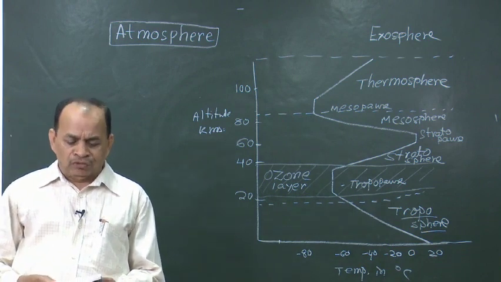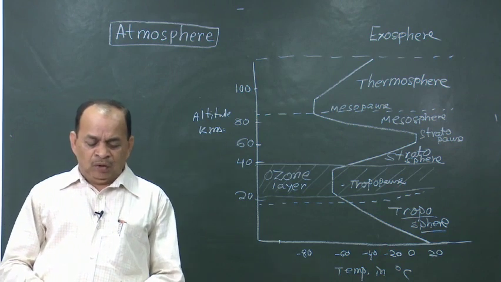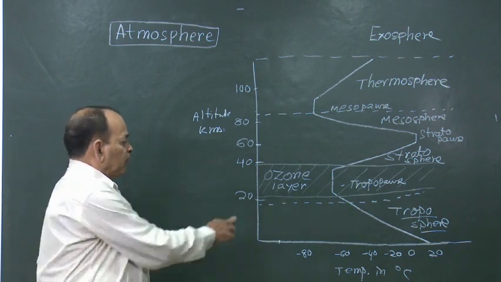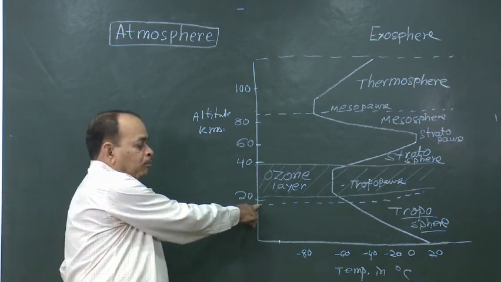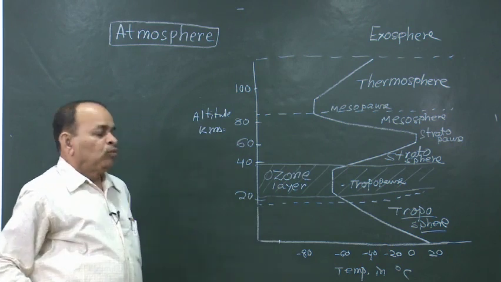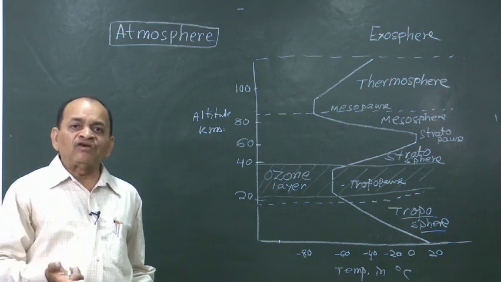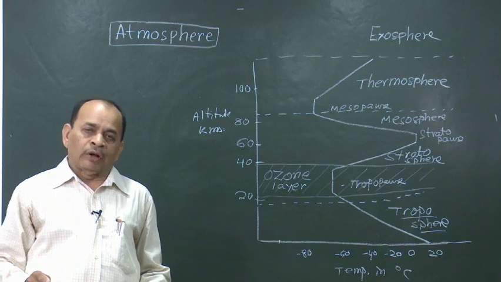The lowermost 12 to 18 kilometers of the atmosphere is called the troposphere. You can say it is 20 kilometers. So it is a maximum of 18, 12 to 18 kilometers range from the surface, known as the troposphere. That immediately surrounds us.